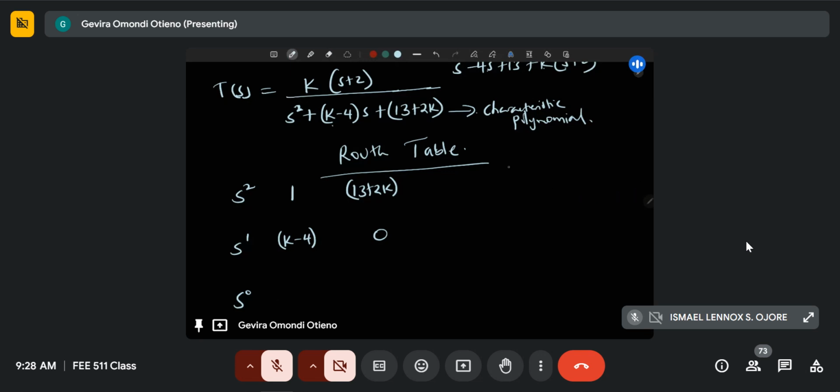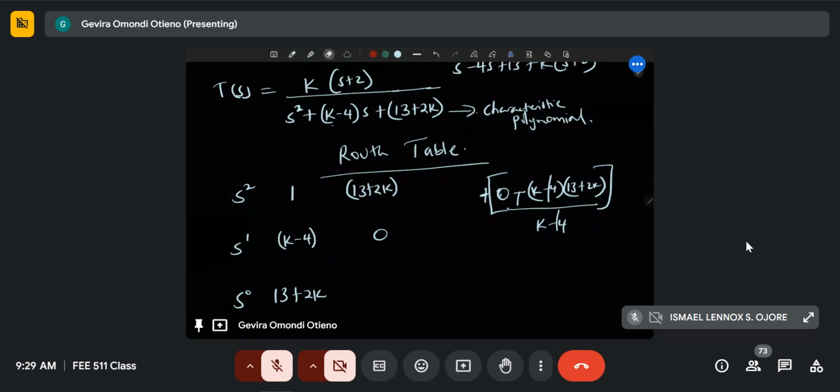I'm doing it on the side because I can't do it on the table. So negative into 0 minus K minus 4, 13 plus 2K. Then you divide by the term right above S to power 0, which is K minus 4. Clearly this negative cancels that negative, so here we are already having 13 plus 2K. So that's what you solve.